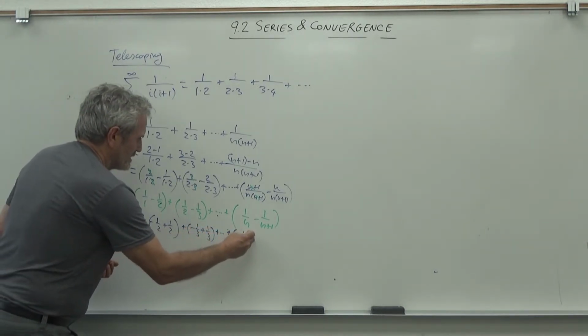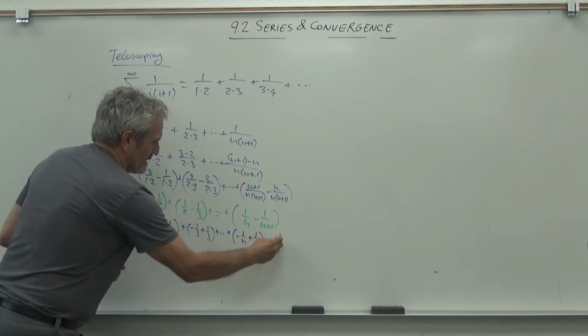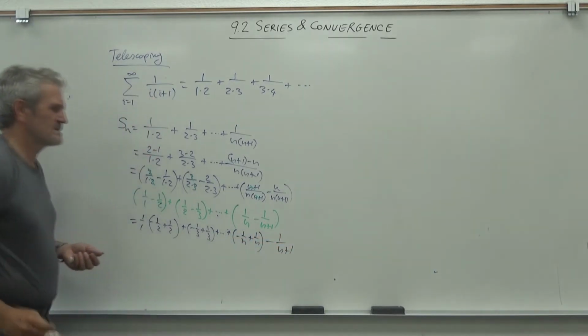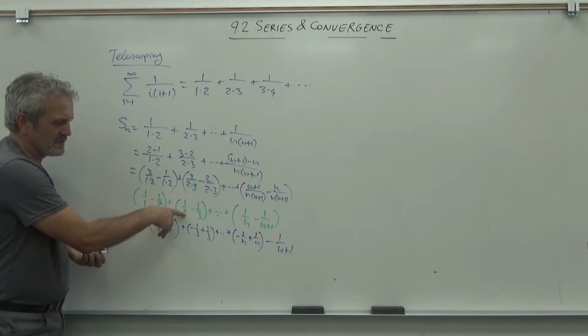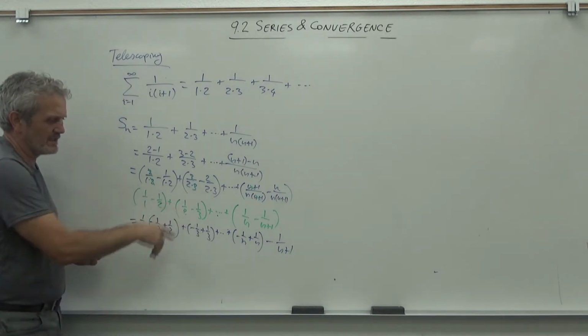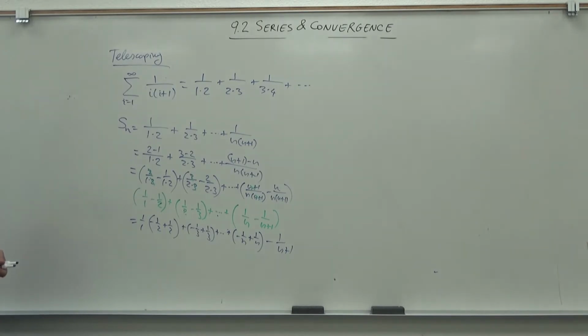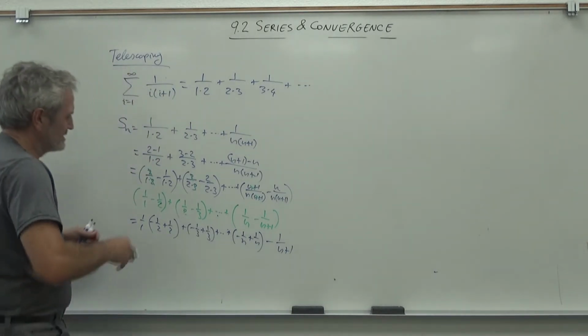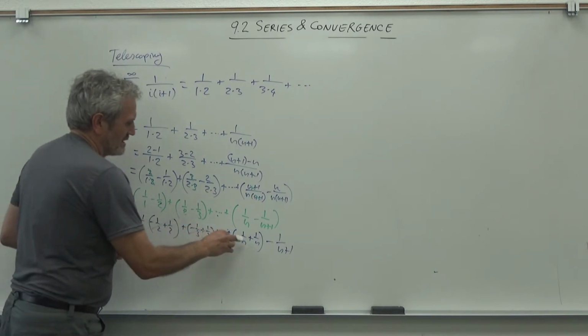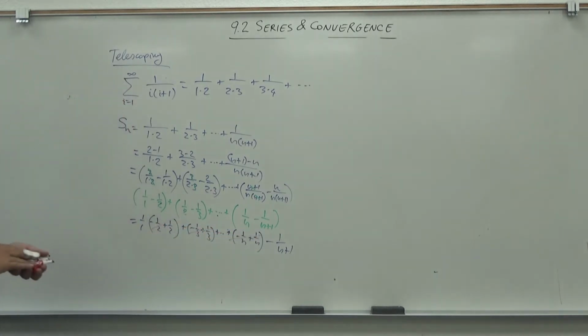Negative 1 over n plus 1 over n and minus 1 over n plus 1. So generally each second member coincides with the first member of the next term. And when we reorganize that, what will happen? Everything cancels out, except the first and the last term.